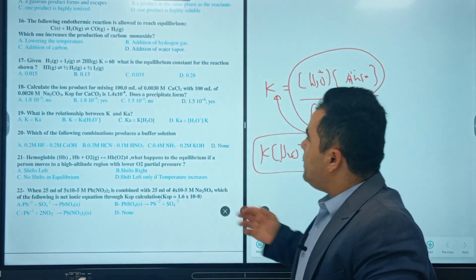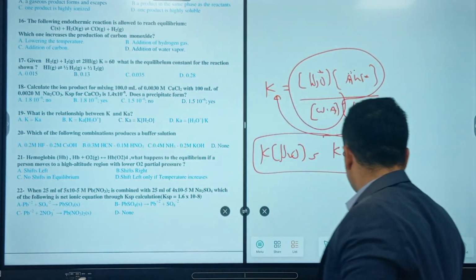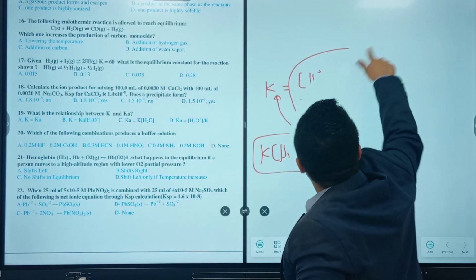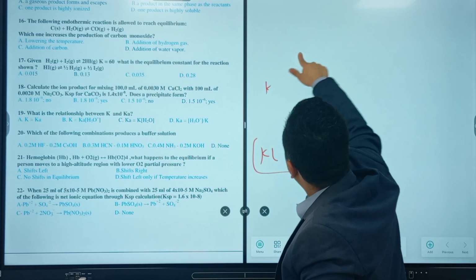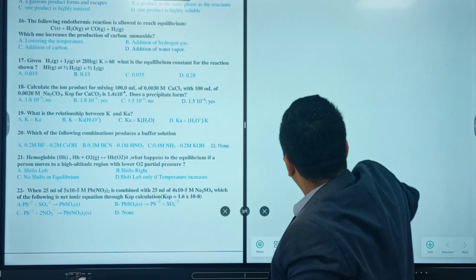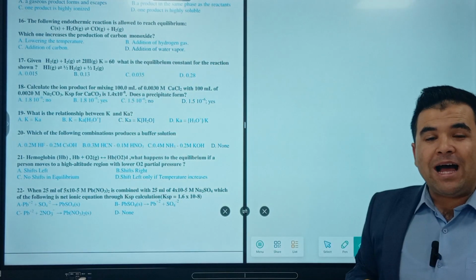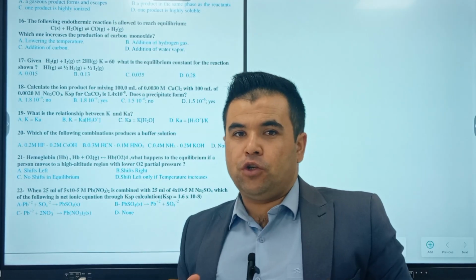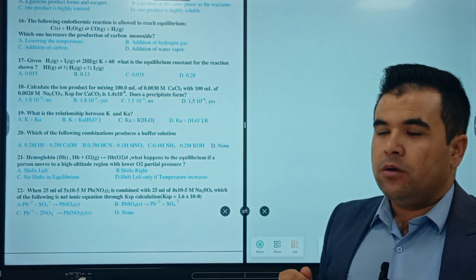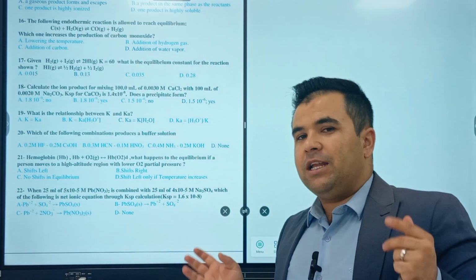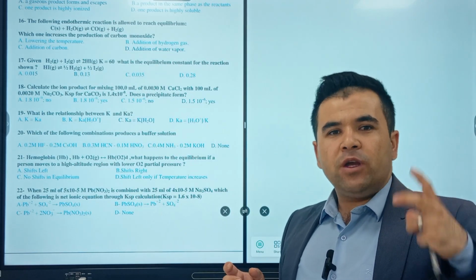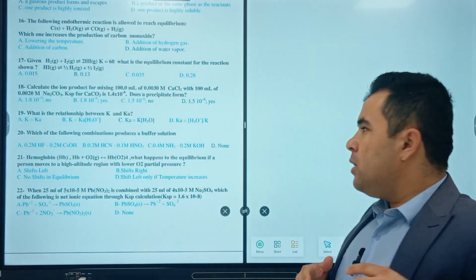Which of the following combinations produce a buffer solution? A buffer solution can be formed between a weak acid with a strong base, or a strong acid with a weak base, when the weak concentration is higher than the strong. Another form of buffer, regardless of the amount, can be formed between a weak acid or weak base with their salt.